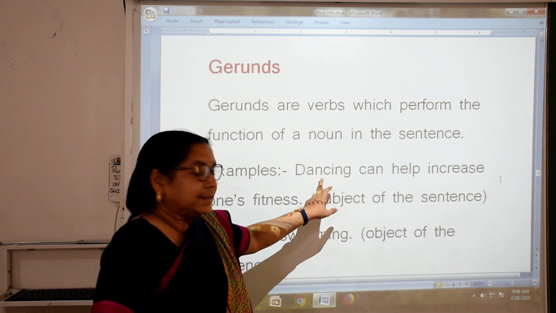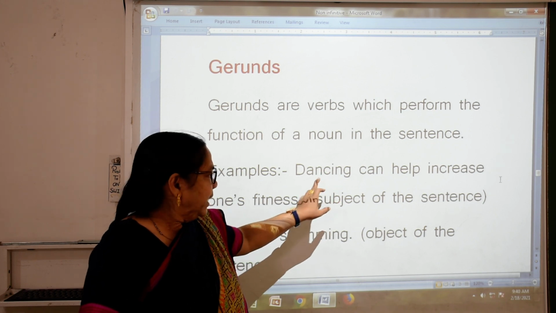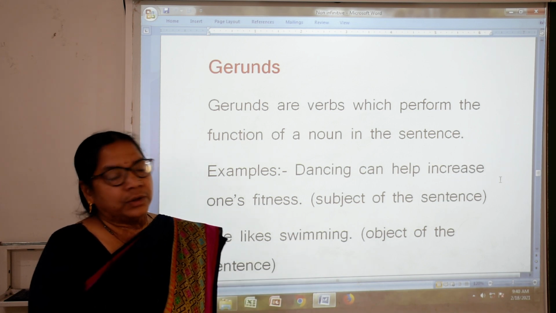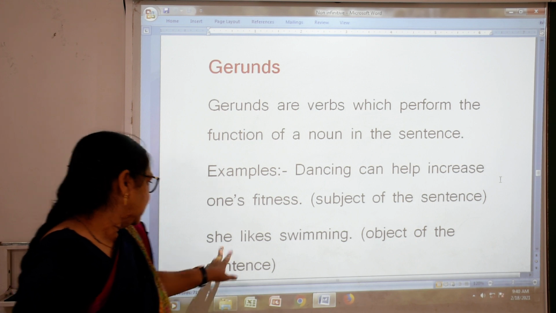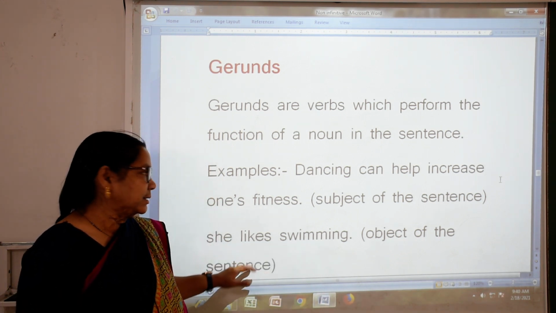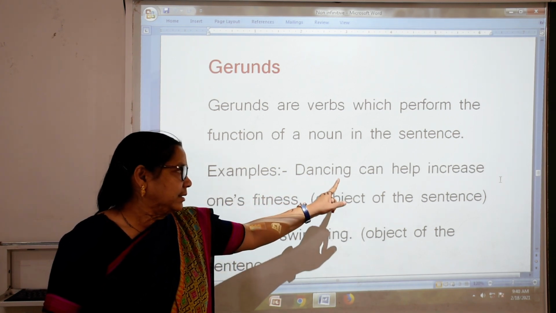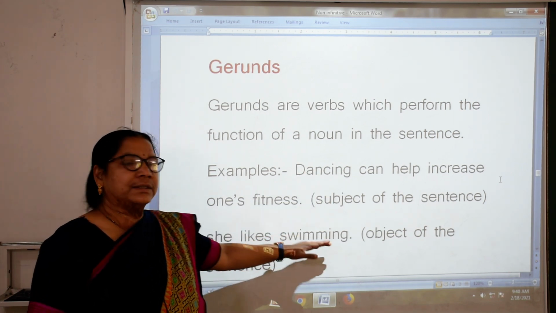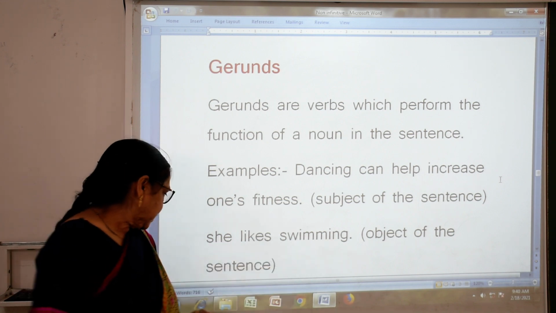It can be used as a subject, as an object, or as a complement also. She likes swimming. Here swimming is acting as an object of the sentence.